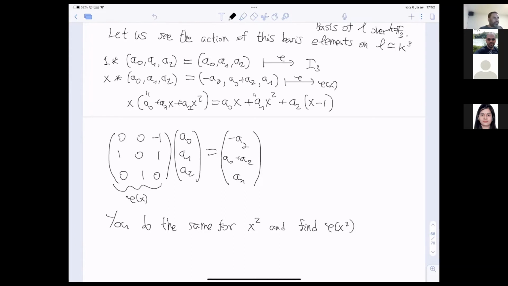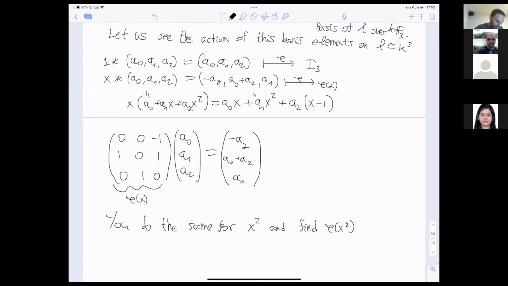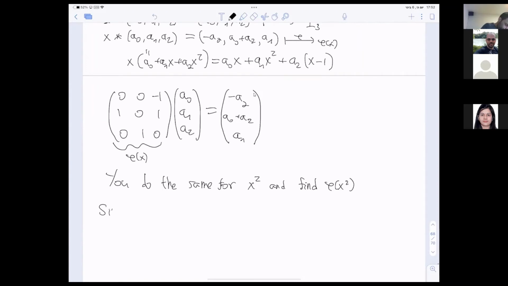Now, since the action is linear, what do I mean?